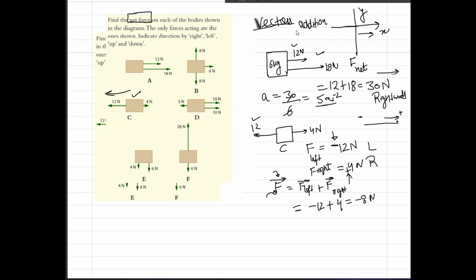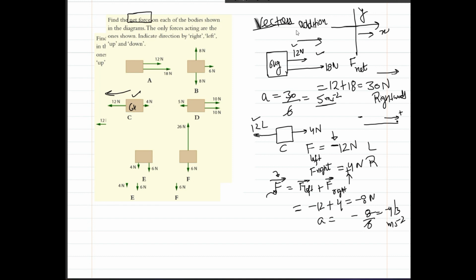Okay, so the body will move leftward, and if, for example, the mass of the body is again 6 kgs, the acceleration is going to be minus 8 upon 6 is equal to minus 4 by 3 meter per second square. So A and C, I hope you can see the difference. This is both rightwards.